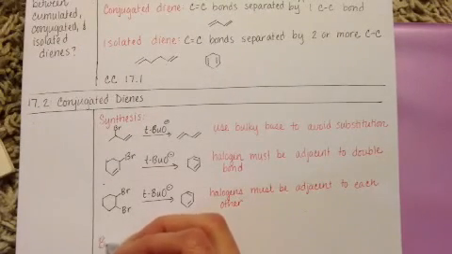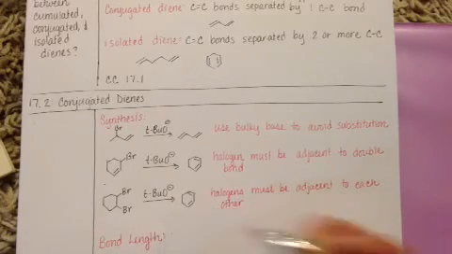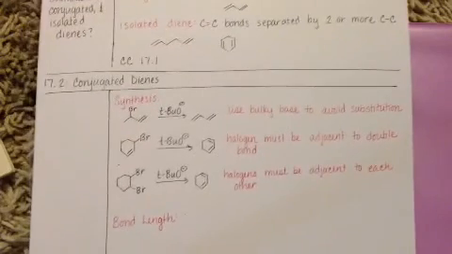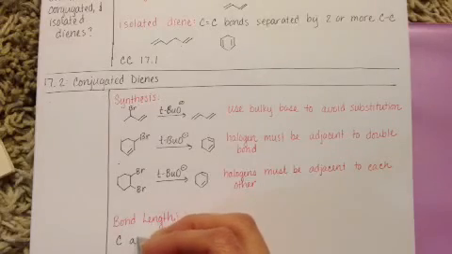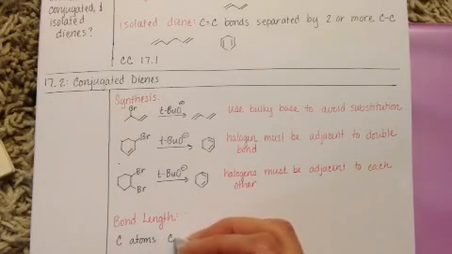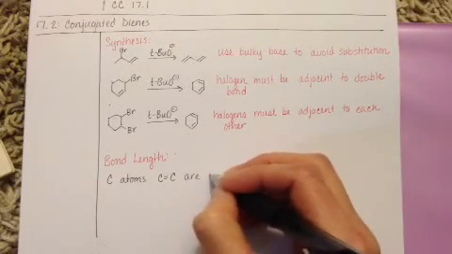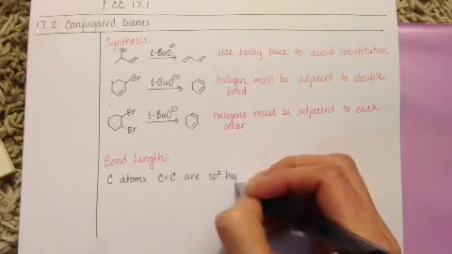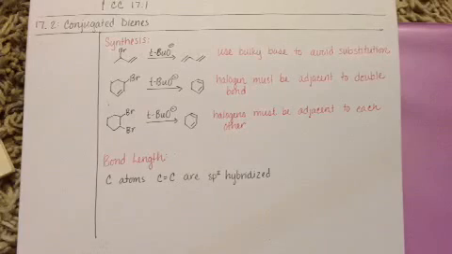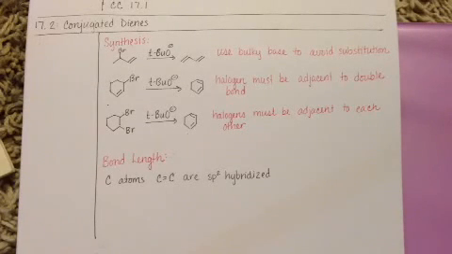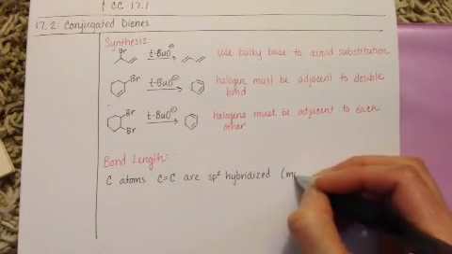Now we're going to talk about the bond length. In the conjugated diene, in any carbon-carbon double bond, in any alkene system, the carbon atoms are sp2 hybridized. And in Gen Chem, you learned that the sp2 hybrid orbitals are more S-like than the sp3 hybrid orbitals.